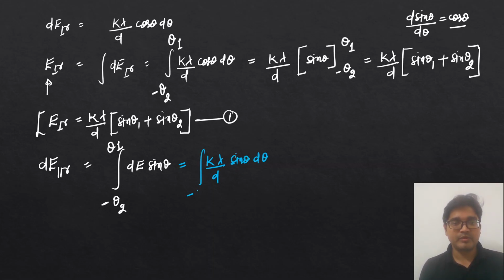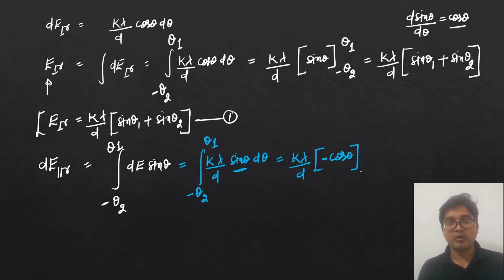Now take this constant, k lambda by d, outside of the integration sign, and the integration of sine theta will be minus cos theta, with lower limit minus theta 2 and upper limit plus theta 1.